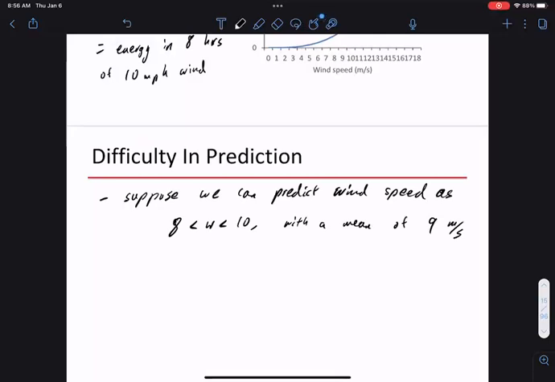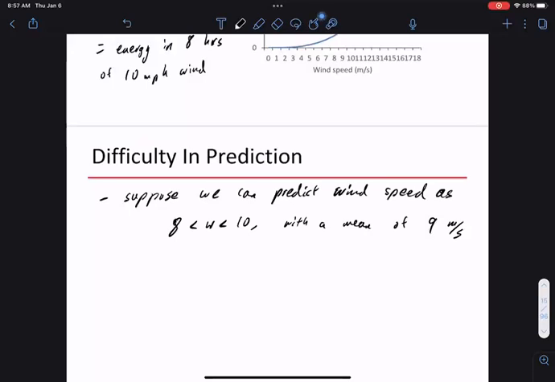At the location, the wind speed is between 8 meters per second and 10 meters per second, with a mean of 9 meters per second. This is not a bad prediction, right? About 1 out of 10, about 10% error. This is not so bad. So the error in speed prediction is around 10%.